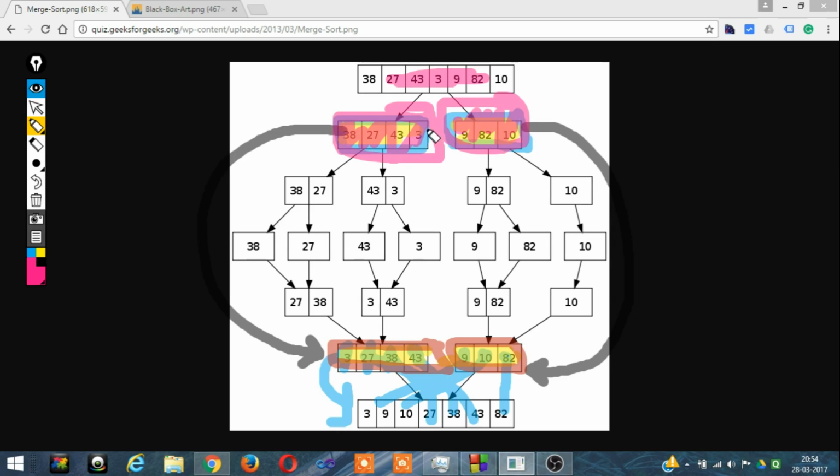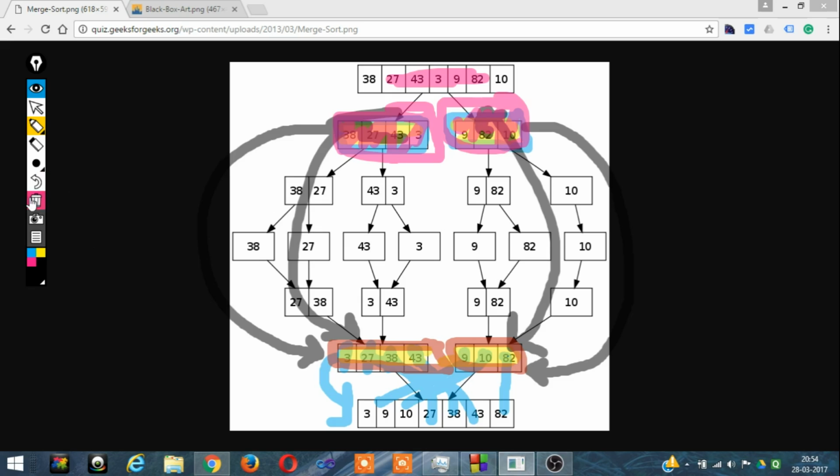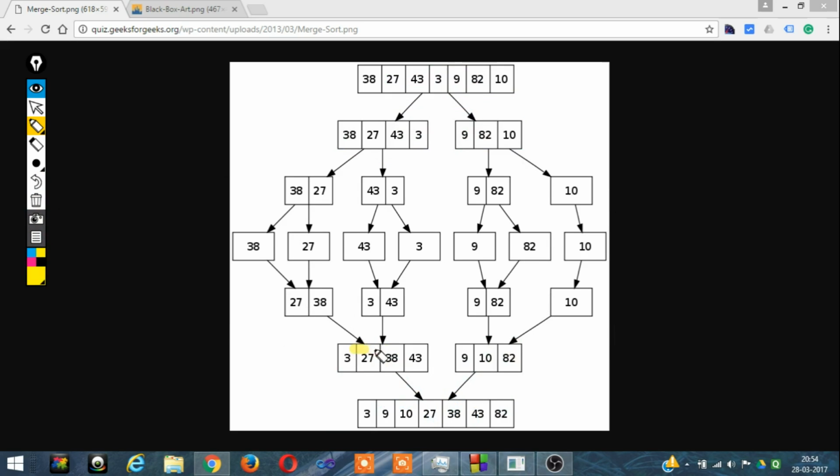We assume that merge sort function sorts these arrays, and we get two arrays which are sorted within themselves: 3 is less than 27, 27 is less than 38, 38 is less than 43.